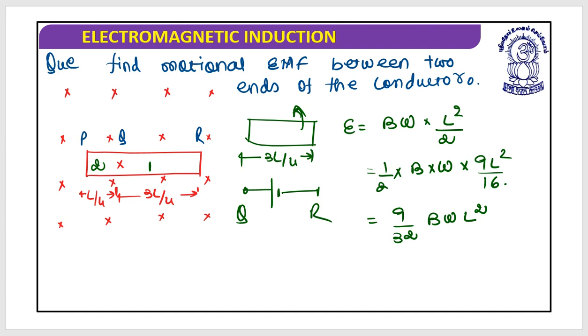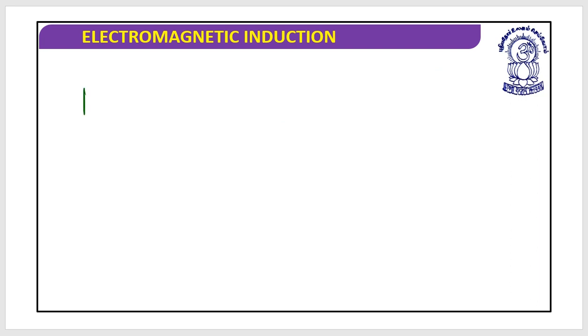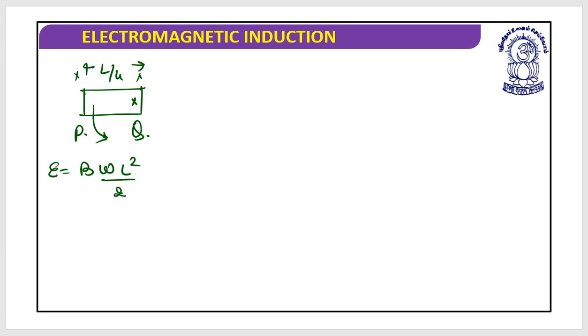Now let's work for P to Q. So the P to Q segment will look like this. It has been hinged over here, and it is moving in this direction, and this is just L by 4. So this EMF equals B omega L square by 2.